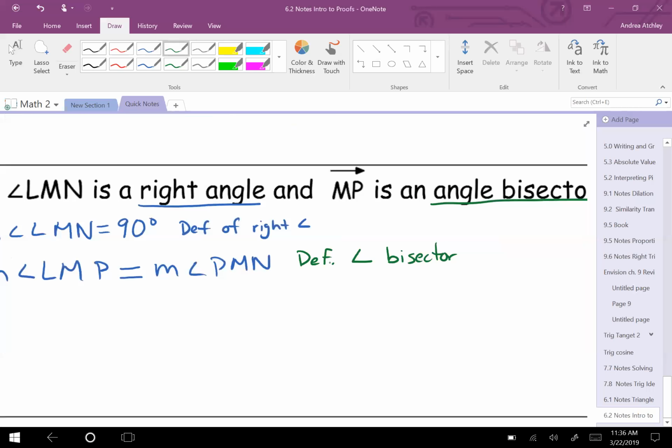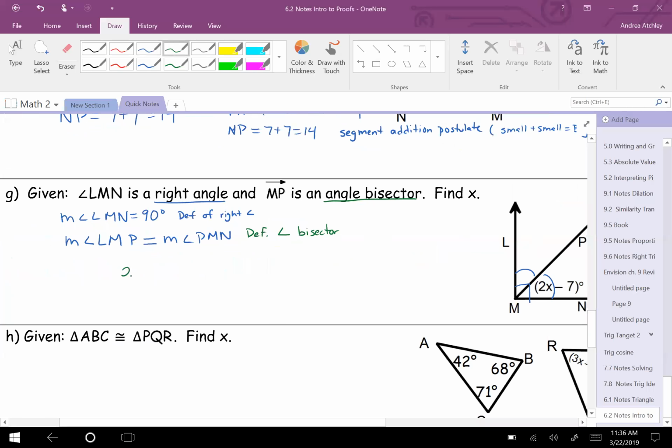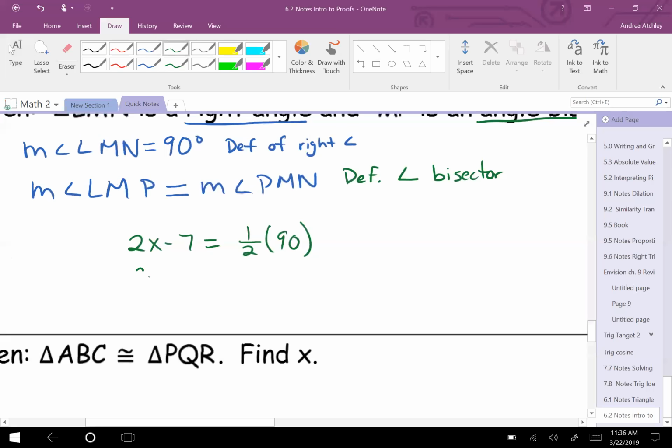Okay, so now how can I set up my equation? Okay, good. So 2x minus 7 is half of 90, right? And she did it in her head. She just put 45, took half of it. So that gives me 2x minus 7 equals 45.